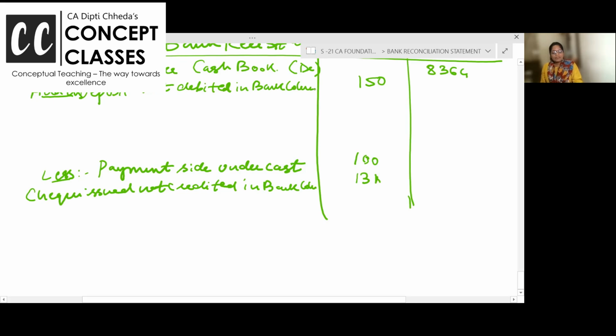Debit balance of 1526 as on the previous day was brought forward as credit. Same mistake as in the passbook. 1526 is a debit balance, but it is credited. So now you debit twice. One debit to nullify, another debit because you have not debited, right?